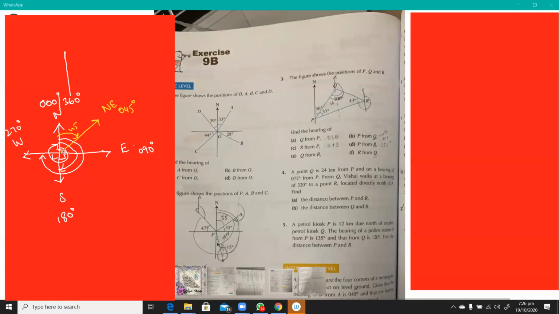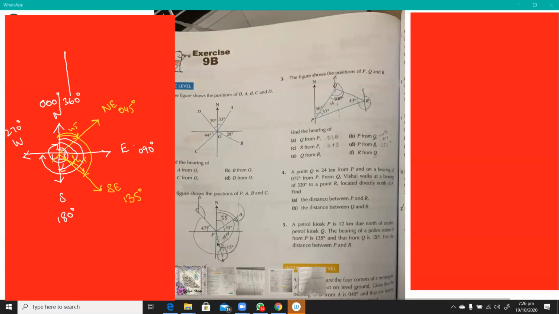This angle is 45 degrees and this is a bearing of 045 degrees. Something which is going between the south and east is your southeast, with another 45 degrees. So southeast actually means 90 plus 45, so that is a bearing of 135 degrees.